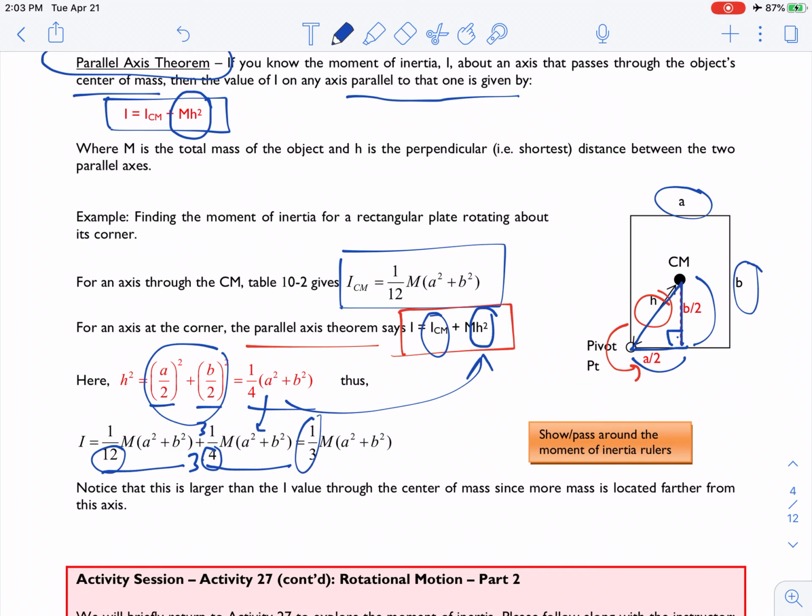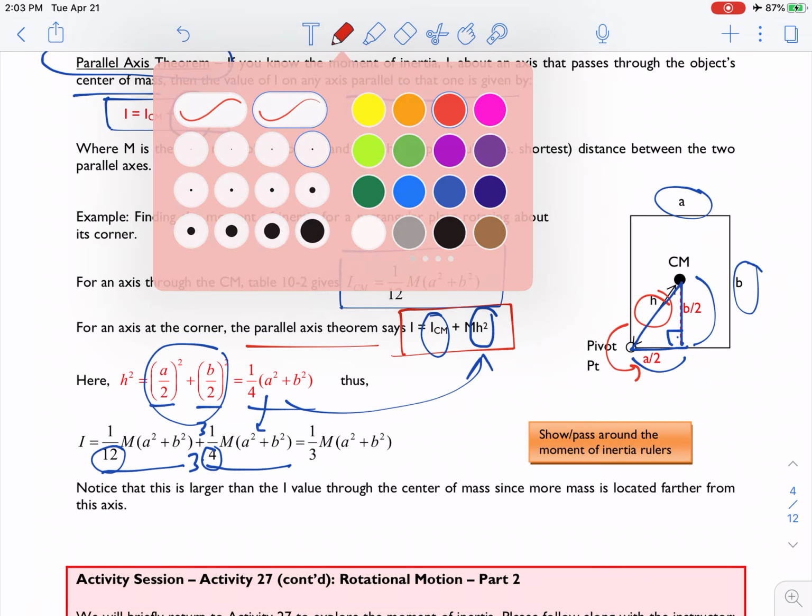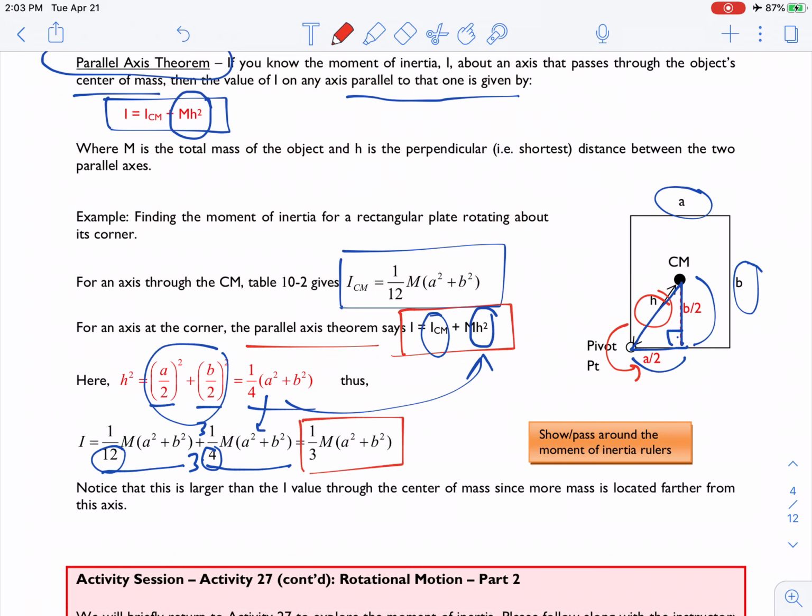And then the new moment of inertia around this pivot point shown on the figure is given as 1/3 of the mass of the rectangle times A squared plus B squared. Okay, and this is larger than the value through the center of mass. Again, because if you look at the figure again, I'm going to get rid of my markings.